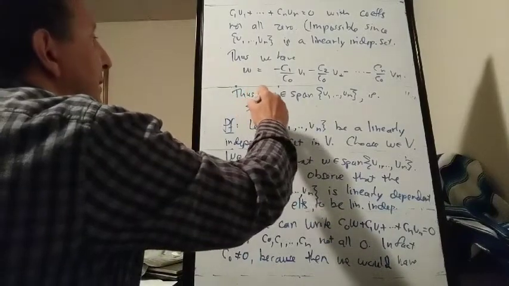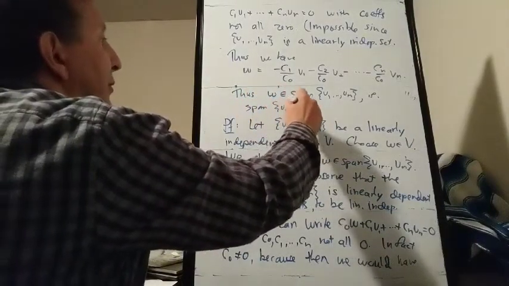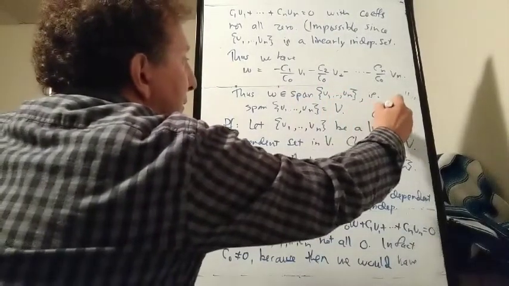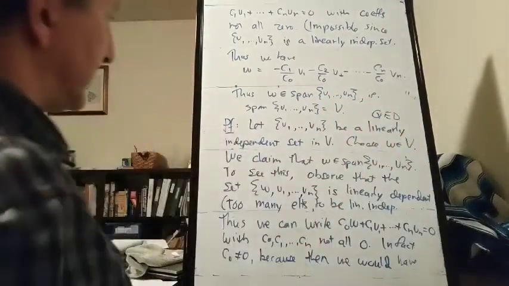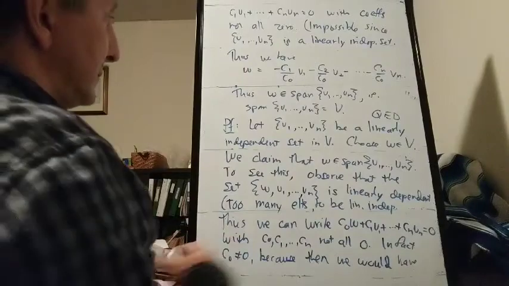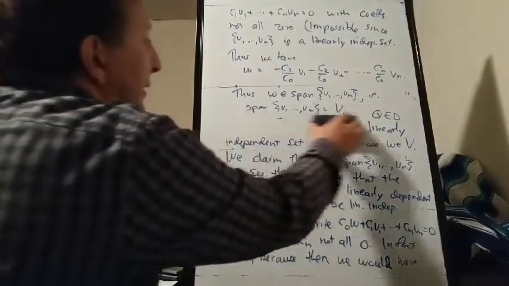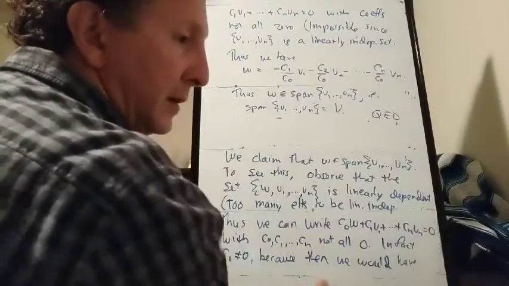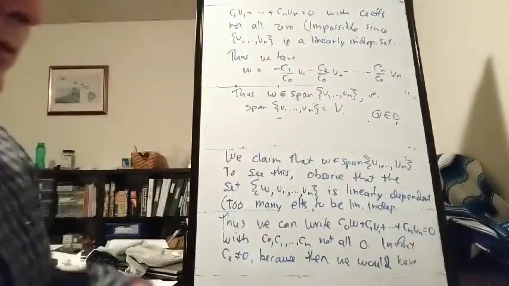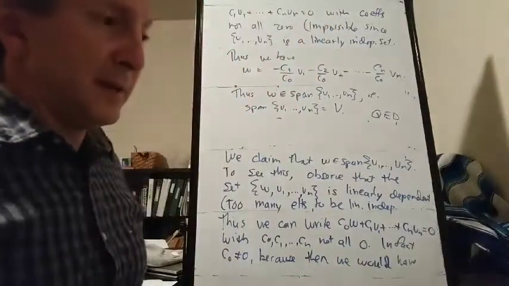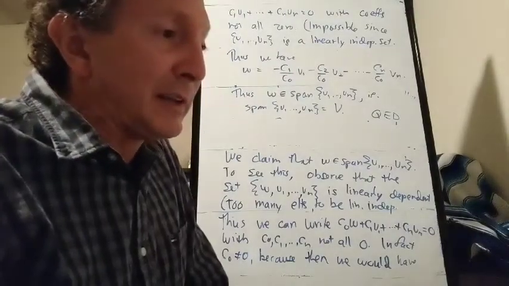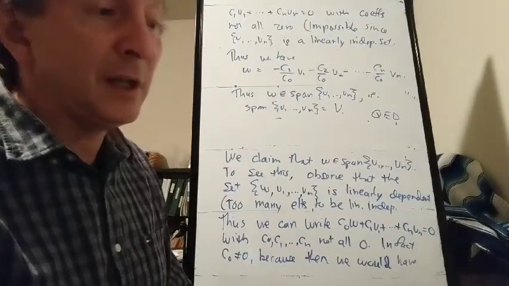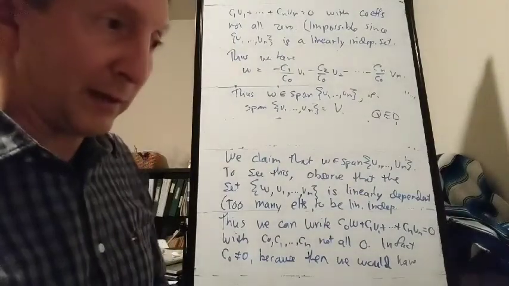So the span of V1 through Vn equals the whole vector space V. So again, if we know the dimension of the vector space is n, and we have a linearly independent set that has exactly n elements in it, it automatically spans the space, so it's automatically a basis.